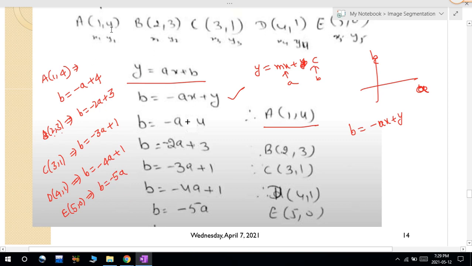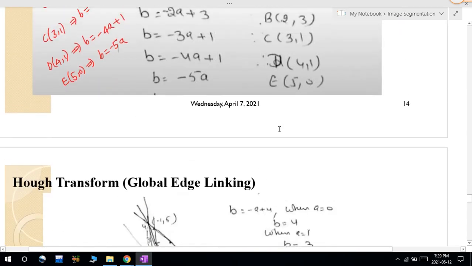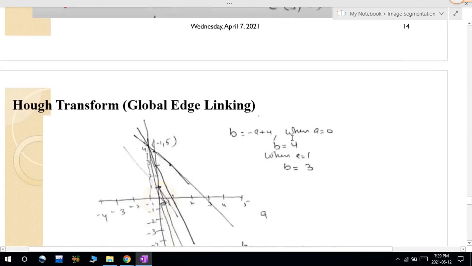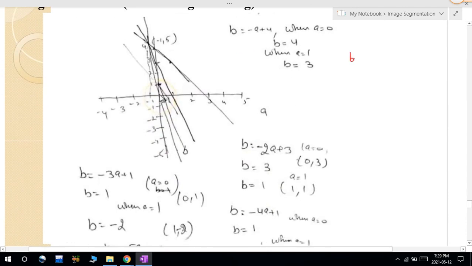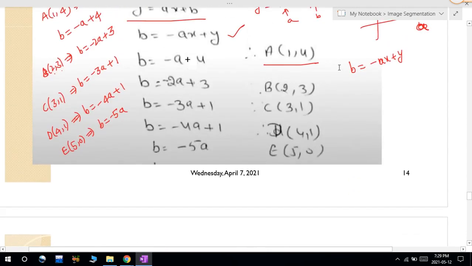Whatever the edge points are, each edge point will be converted into a line in the parameter space. In the image space we have edge points, and those will be converted into lines in the parameter space. So these are the 5 equations. The first equation is b equals minus a plus 4.